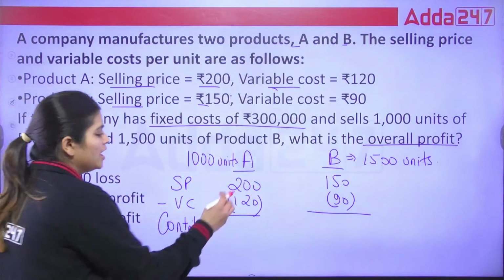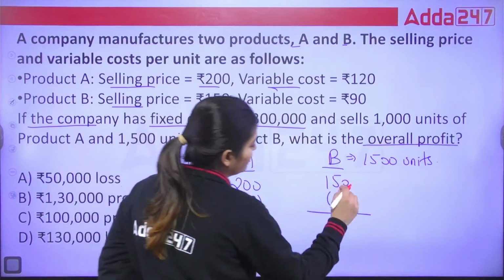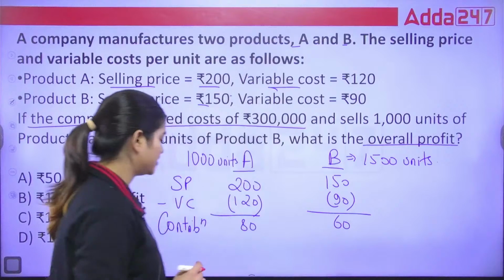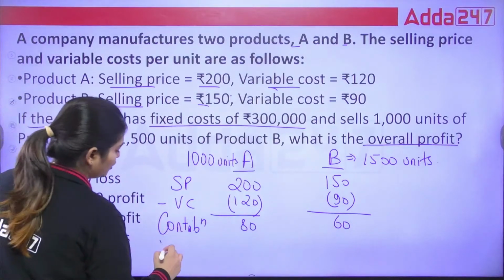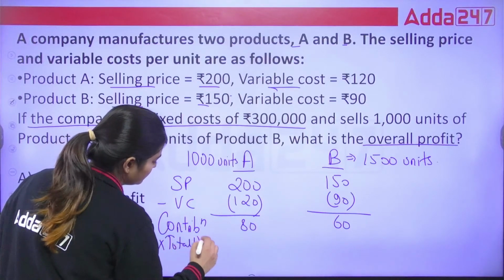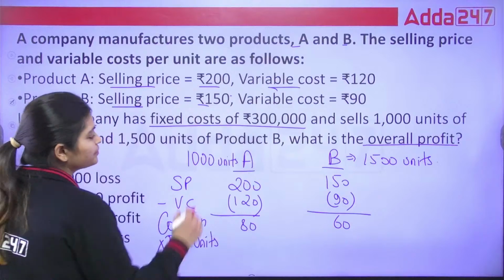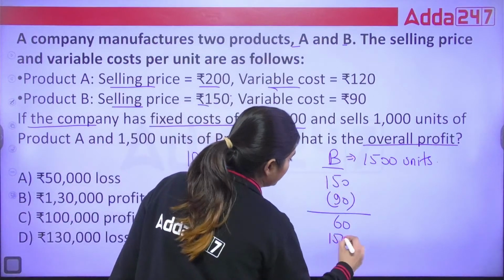Now, 200 minus 120 will be 80, and 150 minus 90 will give you 60. So this contribution is per unit. Next, we need to multiply with total units. For A, 1000 units, for B, 1500 units.